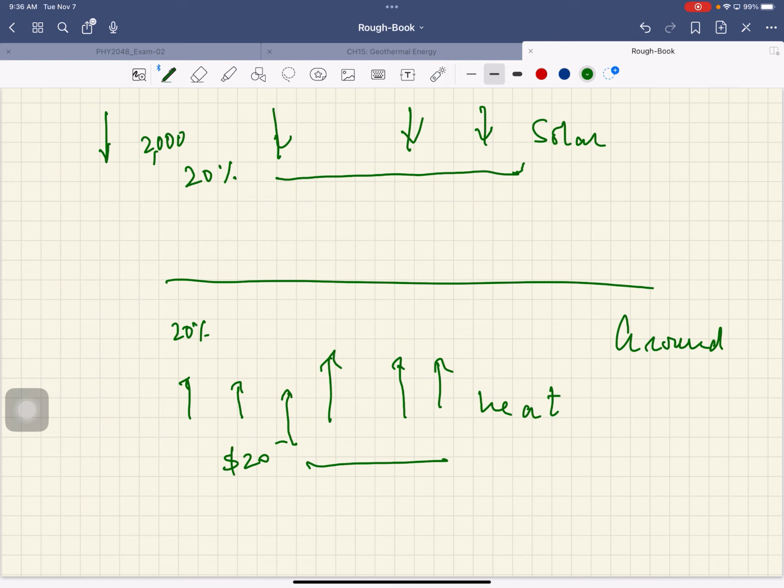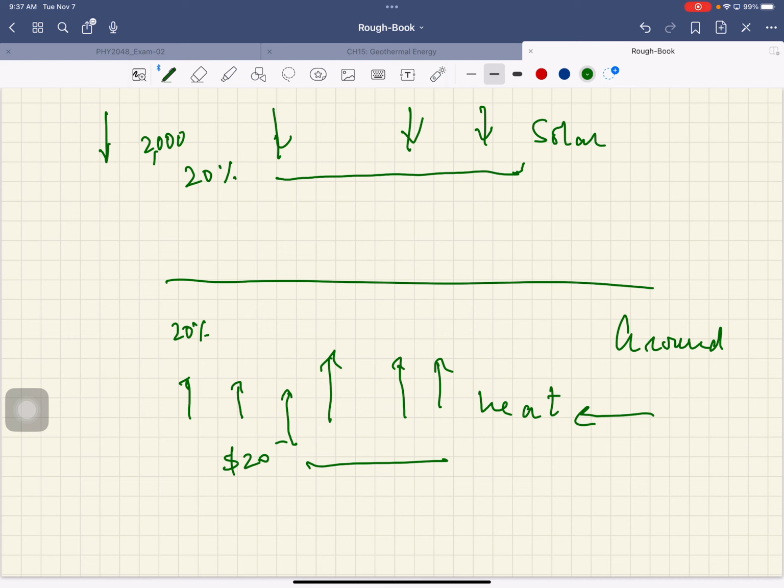So this guy is not going to solve your world problems. What is this guy? If you're walking on the sidewalk and you see $5, are you going to pick it up? Yes, you are. I am going to pick it up. That's what this is. So geothermal energy is a niche solution.